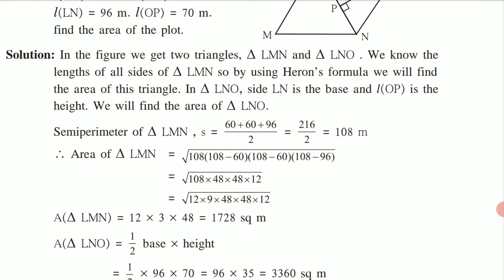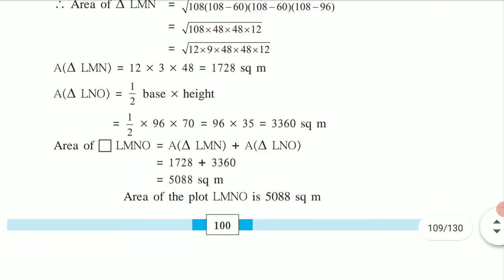If we solve it, we get 1728 square meter. And area of triangle LNO is equal to 1/2 into base into height, equal to 1/2 into 96 into 70, equal to 96 into 35, equal to 3360 square meter.